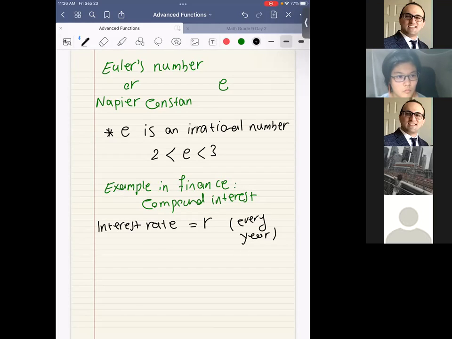R could be like 1/10 or 1/100, that means 10% or 1%. So if you deposit, say, $1,000, that's the initial money.